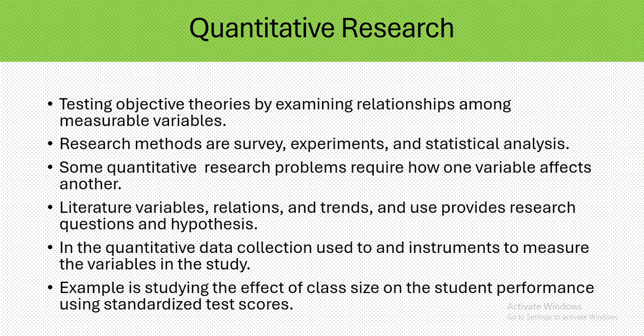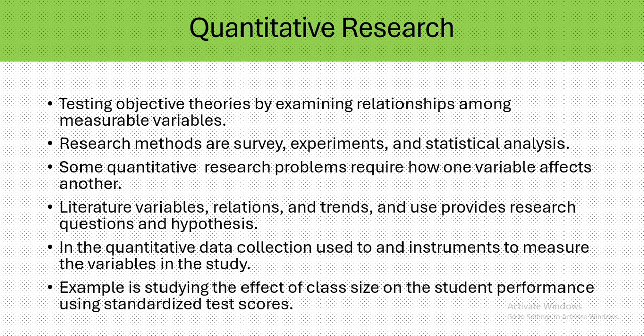Next is about quantitative research. Quantitative research is testing objective theories by examining relationships among measurable variables. Research methods are surveys, experiments, and statistical analysis. Some quantitative research problems require how one variable affects another, and the literature provides variable relations and trends and is used to form research questions and hypotheses.